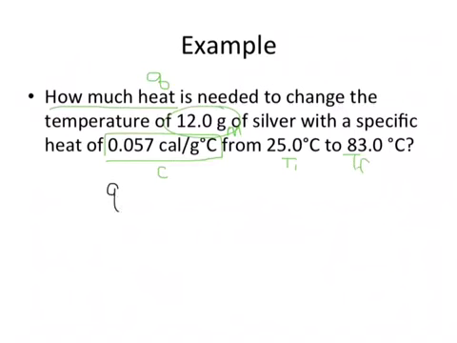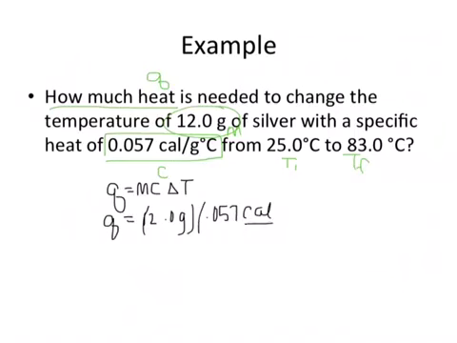Using the equation, Q is equal to mc delta T, we're going to solve for Q. We know the mass is 12 grams. We know the specific heat is 0.057 calories per gram Celsius.